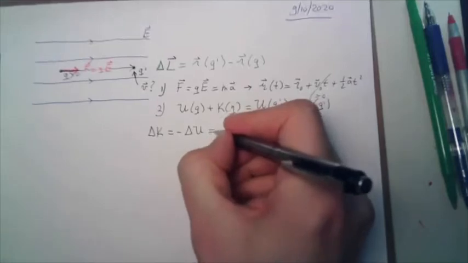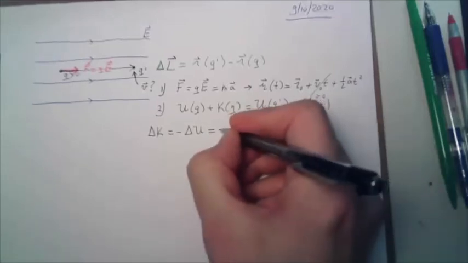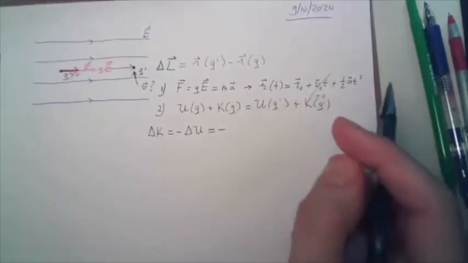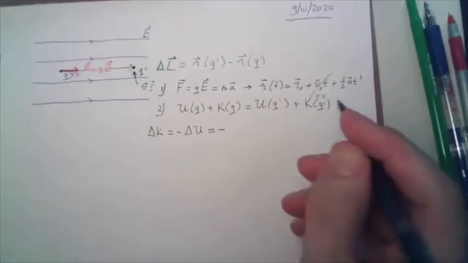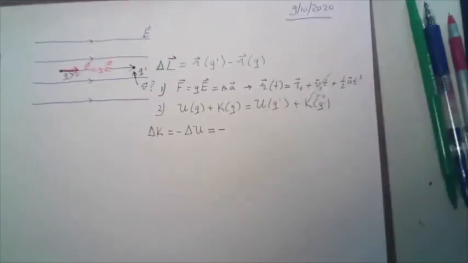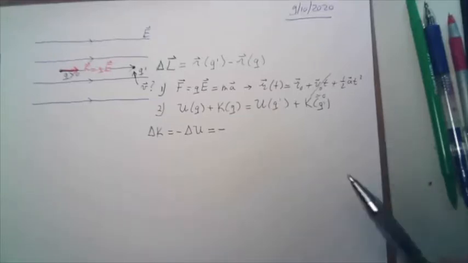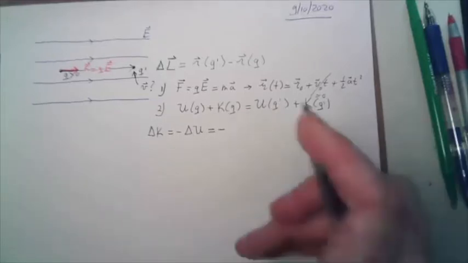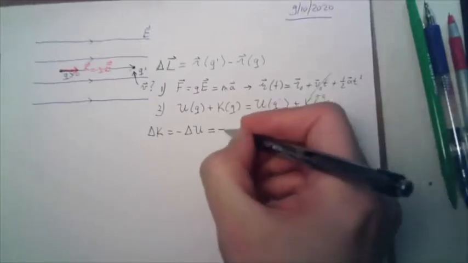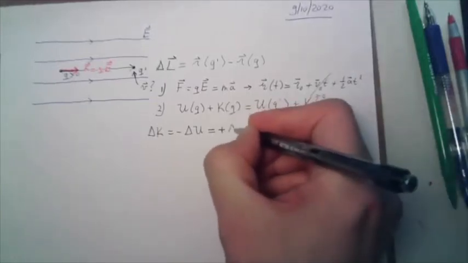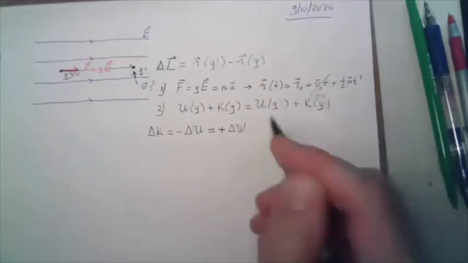Well, delta U is the work done. Hang on a second. So sorry, it's minus the work done. I was missing a sign here. Okay, so it's minus the work done in this path.